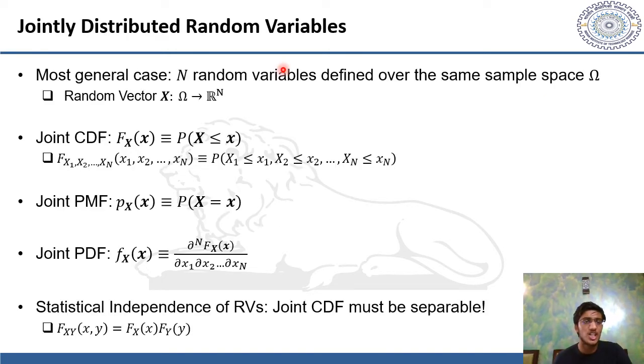However, when we deal with statistical signal processing in real life, we are most often concerned with jointly distributed random variables.